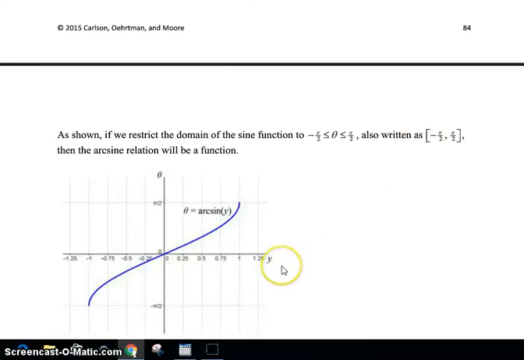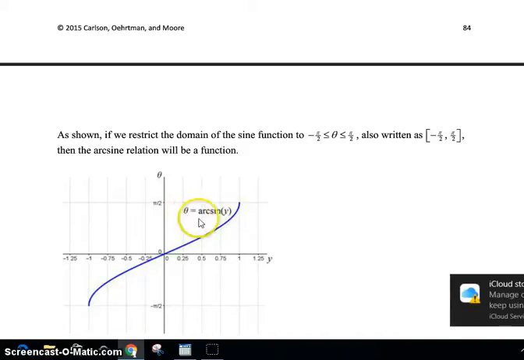And here your publisher has swapped the roles. Now the input axis is the value of y, and the vertical axis, the output axis, is angle measure. And they have graphed the inverse sine. An inverse sine applied to y will give us the measure of an angle theta.